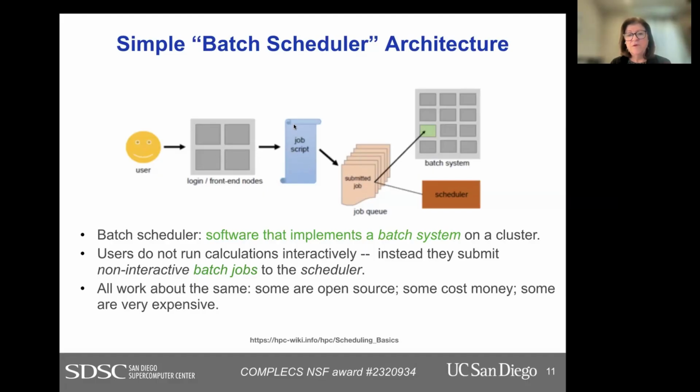So you can go back and find those webinars and learn from them. Anyway, you log in, you build a job script, which looks just like a C shell, bash shell, some kind of shell, Linux, Unix environment. So you'll have a shell script with commands in it, special commands for the Slurm scheduler. And then you submit it to the job queue, and the scheduler then does a whole lot of work and orders up the jobs and launches them onto the nodes when it's time.